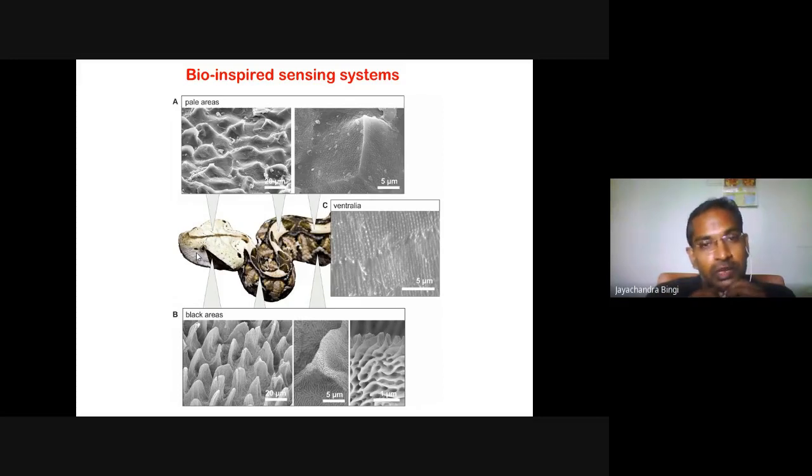So bio-inspiration, biomimicking, it is fine. Biomimicking, okay, that structure is working for the snake, so that structure I will mimic as it is. Then it may work, may not work, it doesn't matter. But looking at the structure, analyzing the structure and its working conditions and how it works in different conditions, after analyzing that, if you are able to retrieve some information, that information is actually the information gathered throughout the evolution.